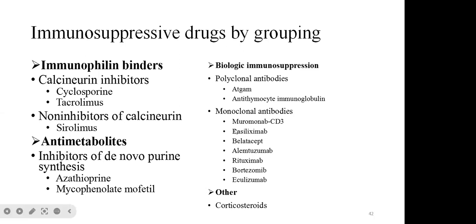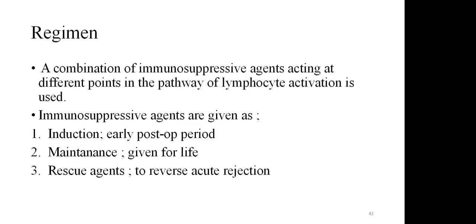Among the monoclonal antibodies, it is important we know basiliximab, which is an antibody to CD25, the receptor for interleukin-2, the chief cytokine involved in proliferation of T lymphocytes. Then other very important immunosuppressants are the corticosteroids.